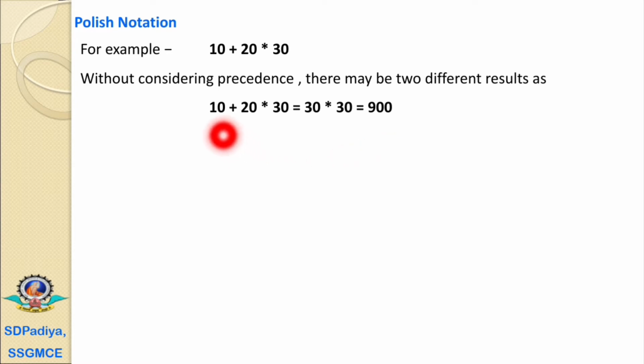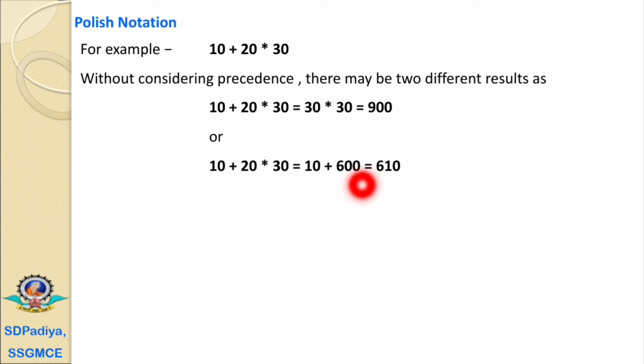The first is, we can first solve 10 plus 20, that equals 30, and then 30 into 30 equals 900. Or first we can solve the multiplication of 20 into 30, that equals 600, and then 10 plus 600 is 610.